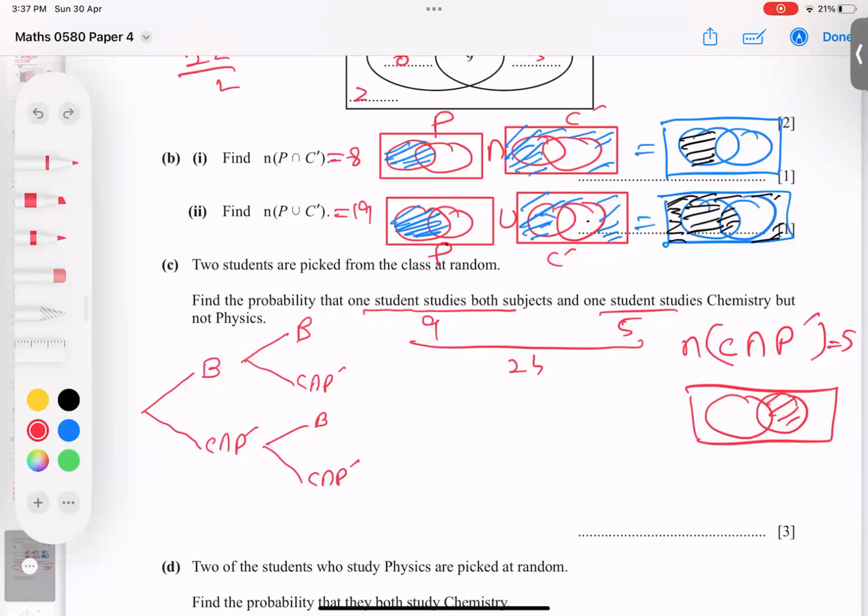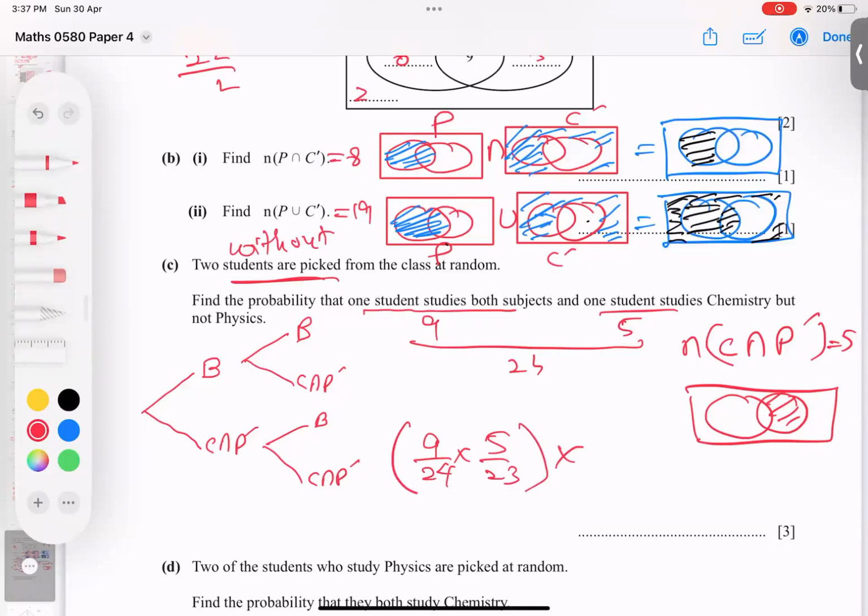So what is the array? This is both, 9 out of 24, and this is 5 out of 23. Why 23 students? Because when a student is picked, he will not be in the pool anymore. It behaves like without replacement. So this is done.